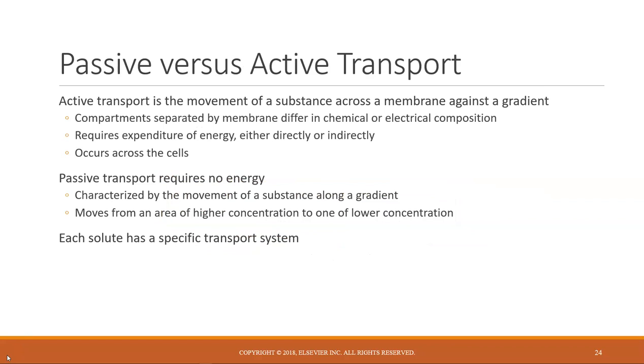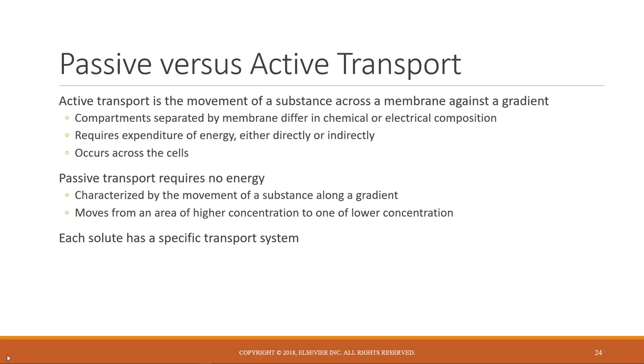I want to re-emphasize passive versus active transport. Again, these are how molecules are either retained or expelled from the blood. Active transport is the movement of a substance across the membrane against a gradient, and the compartments separated by a membrane differ in chemical or electrical composition.